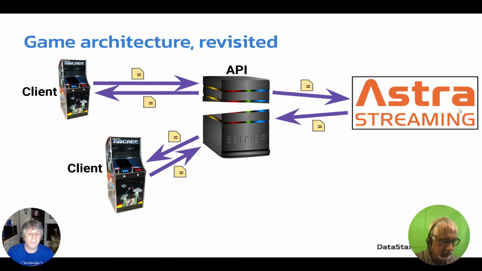And from there, it will be broadcast to all clients. That's a choice. It makes for a simpler architecture to reason about. And it also opens the way to having several API instances running and serving different blocks of clients, and everything would work because every communication would happen through Astra Streaming, basically.